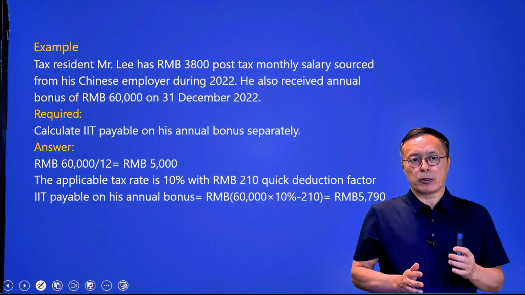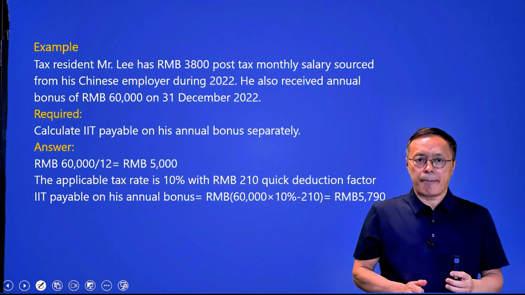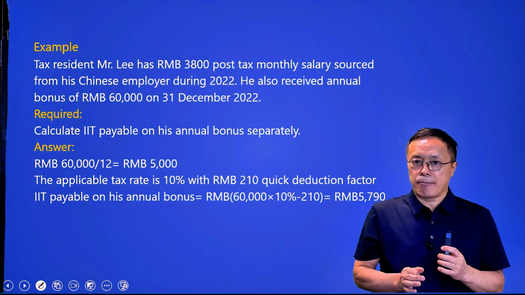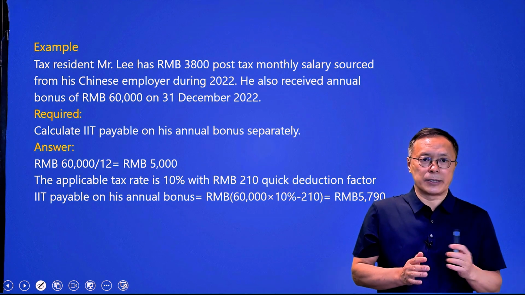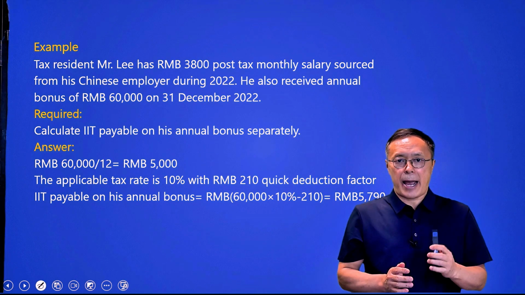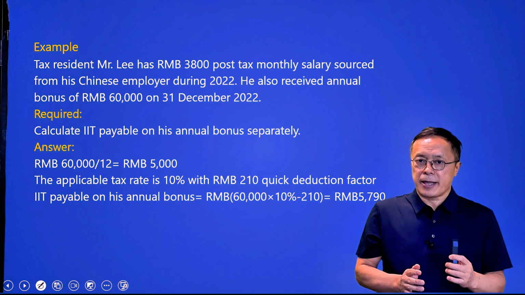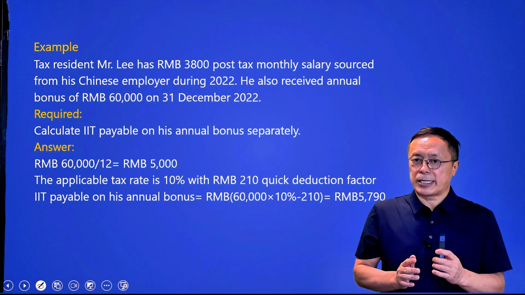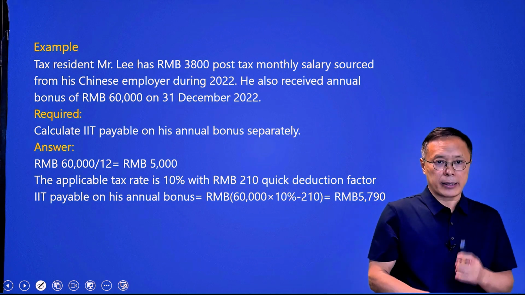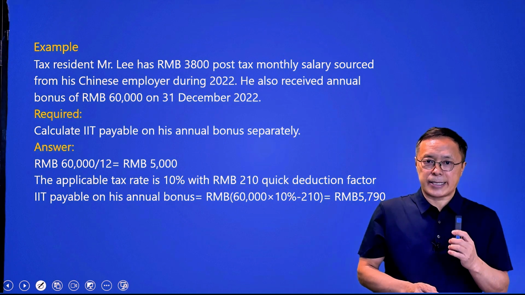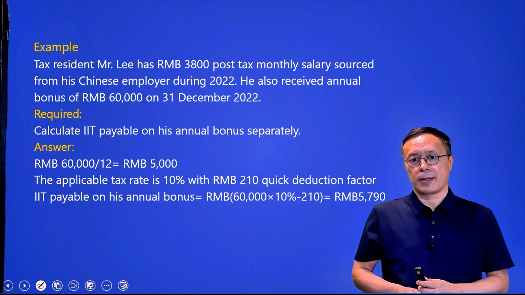In this example, tax resident Mr. Lee has RMB 3,800 post-tax monthly salary sourced from his Chinese employer during 2022. He also received an annual bonus of RMB 60,000 on the 31st of December 2022. Required: calculate IIT payable on his annual bonus separately.